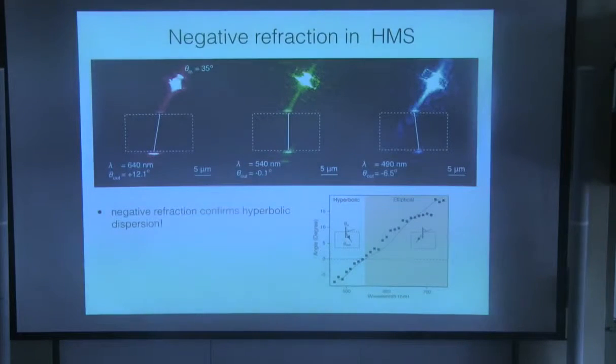As we continue decreasing the wavelength, eventually we enter this regime where no matter what angle we inject plasmons into the metasurface, they always propagate perpendicular to the gradient. And then finally, if we continue decreasing the wavelength, we enter this hyperbolic regime where now we in fact see negative refraction of the waves as they enter the metasurface. So this is a direct confirmation that we've achieved the sort of dispersion that we were hoping to.